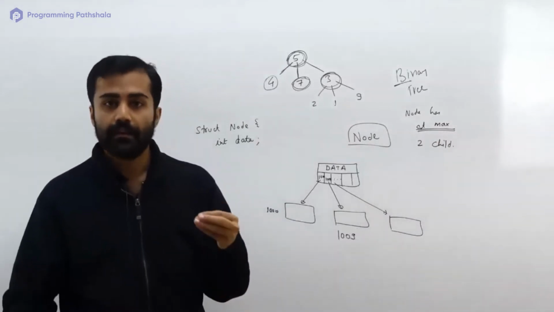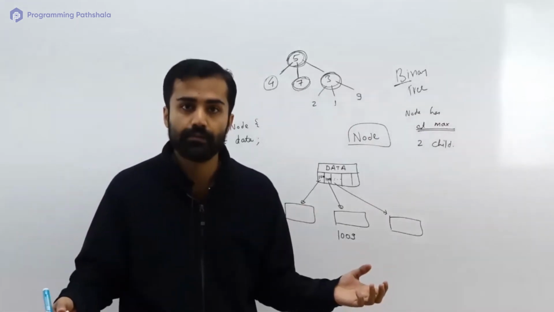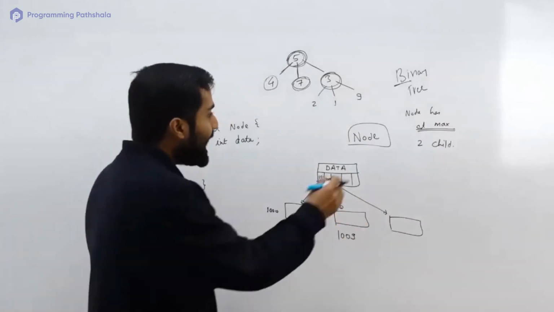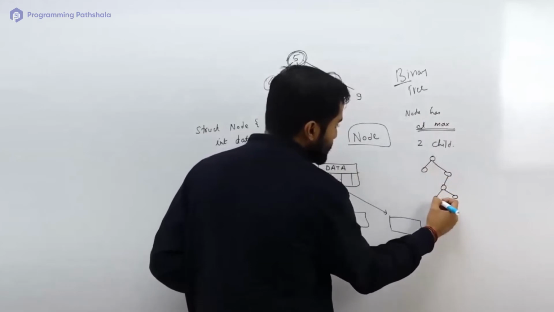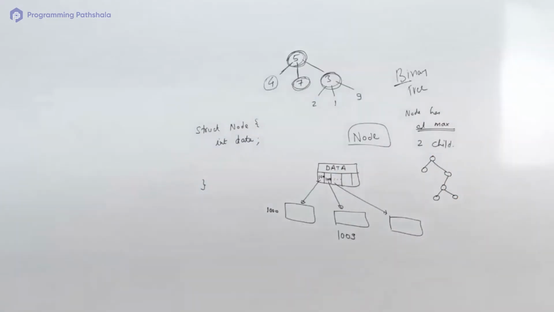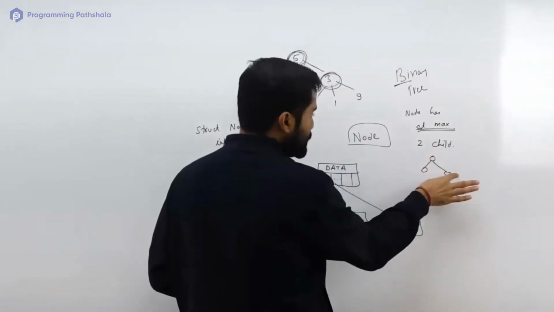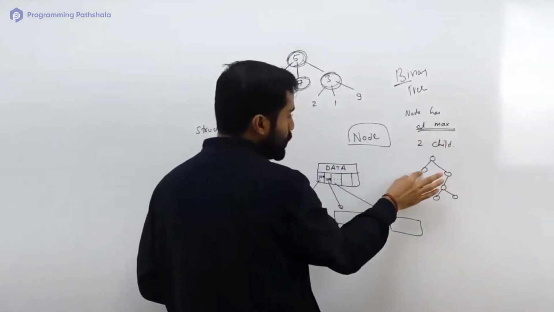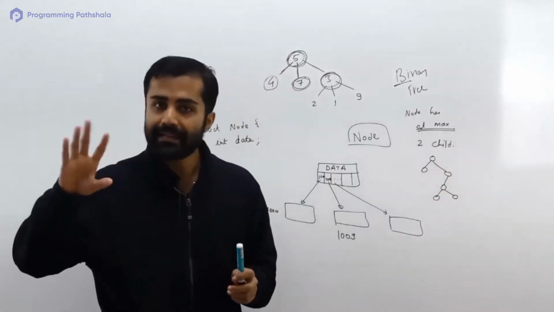No, a node can have 1 child also, and a node can have no child also. That's totally okay. That being said, is it correct to say that this is a binary tree? Yes, it is totally correct, because when you look at the nodes, this node has 2 children. That is totally okay. This node has no child. That is also okay. So each node has at max 2 children only.